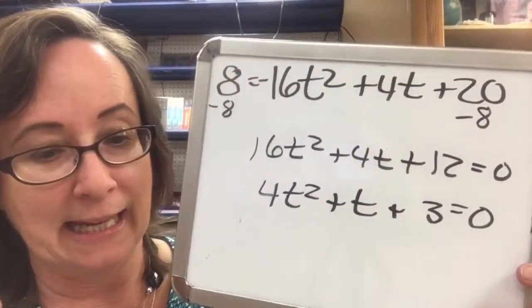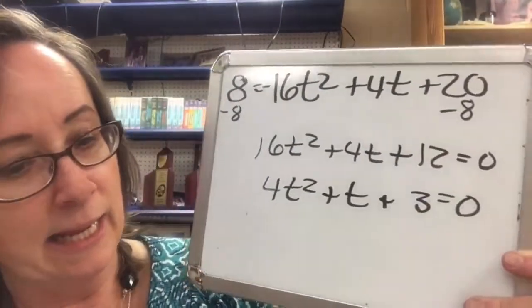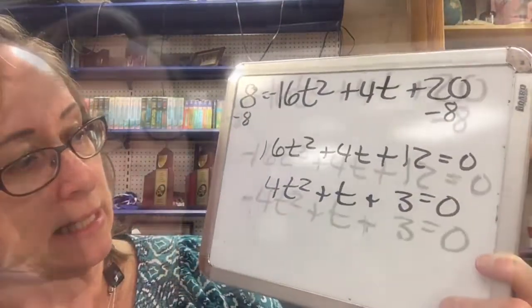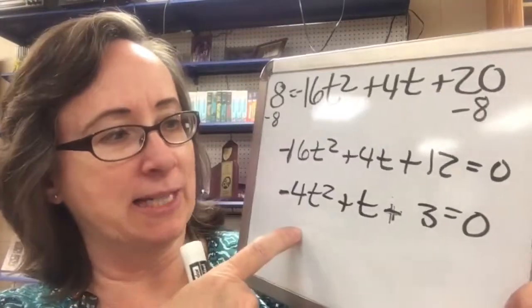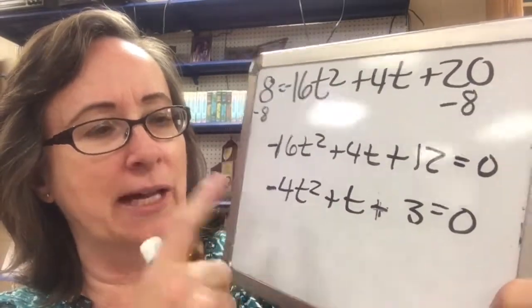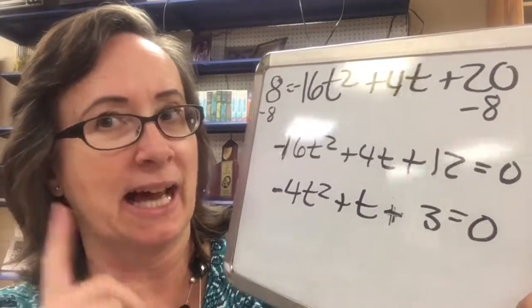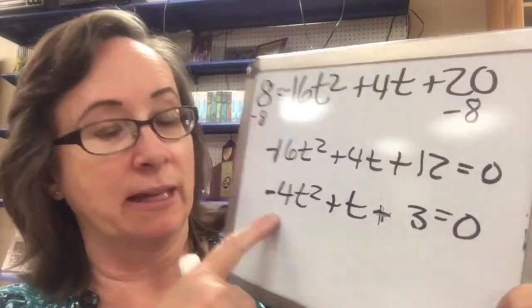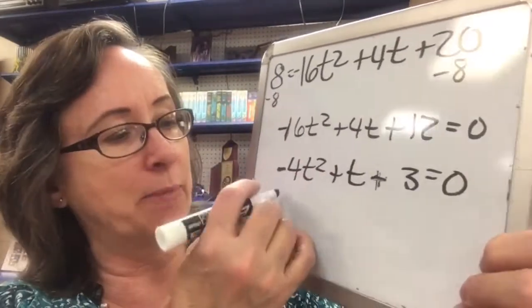I just realized I forgot to bring down my negative sign again, and since I have a negative sign on the front, I'm going to go ahead and multiply both sides by negative 1, because I never like to try to factor something when I have a negative on the front. So let's just multiply everything by negative 1.